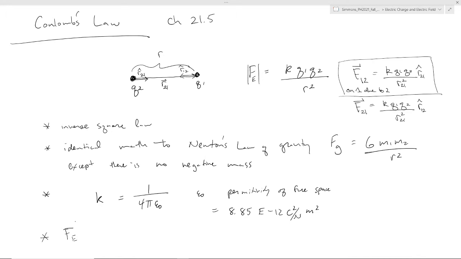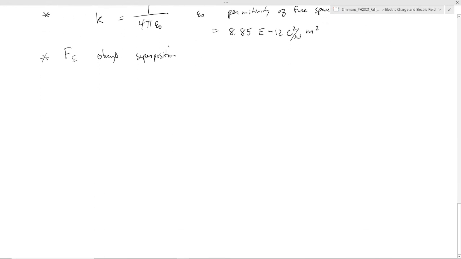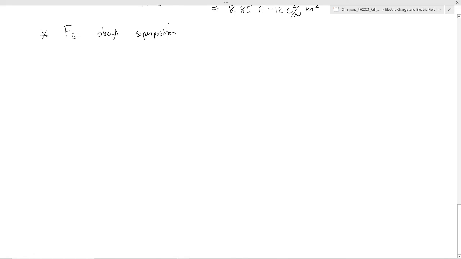You may or may not have seen gravity questions like that if you had more than two masses to find the net force of gravity on some mass. I'll show you an example right now to hopefully emphasize that fact. So let's look at an example question.